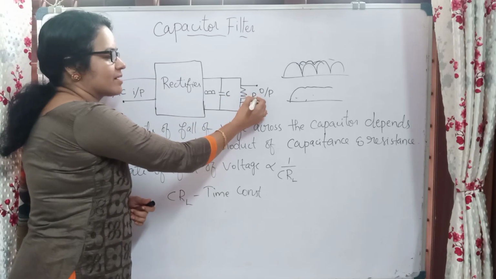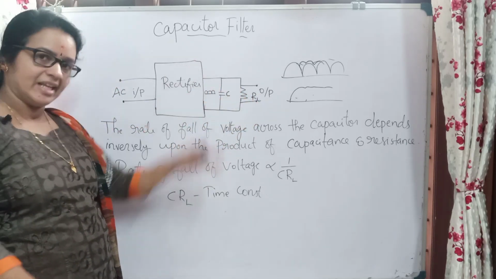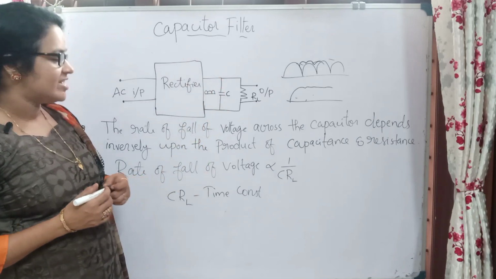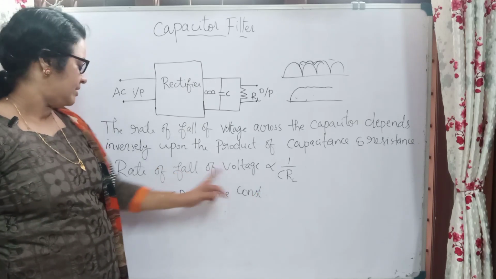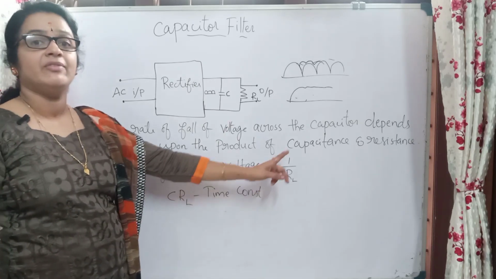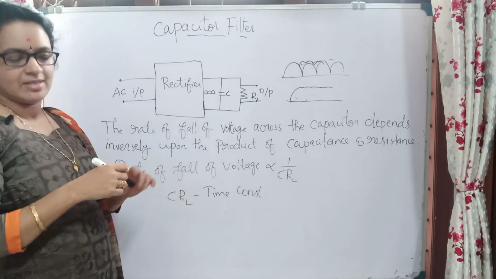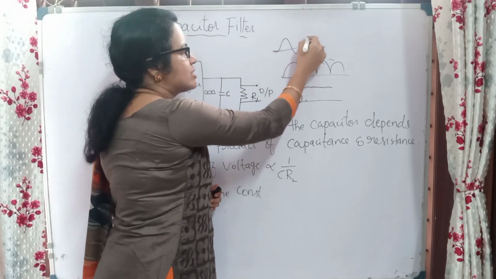This is the load resistor. Output we are taking through this. When the capacitor is charged, it will completely charge, and after that it will start to discharge. During discharging, if the time constant is very high, the rate of fall of voltage will be very less. The input wave will be coming continuously like this.